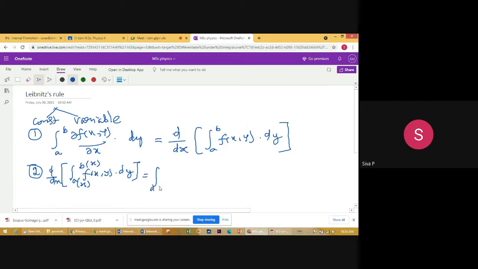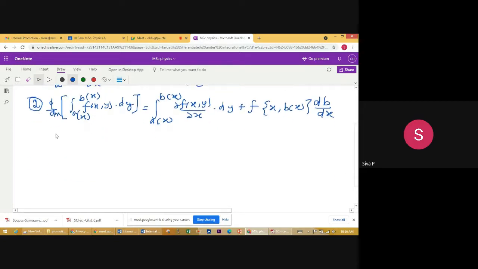So the integral over a of x to b of x of dou f of x comma y by dou x dy, plus f of x comma b of x into db by dx, and one more is minus f of x comma a of x into da by dx.